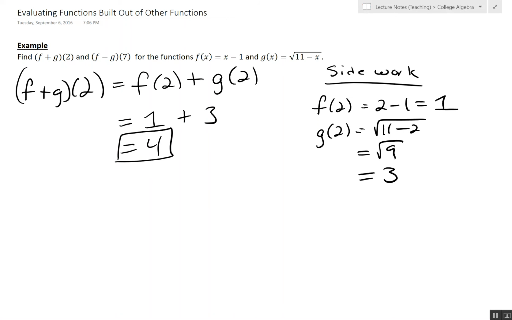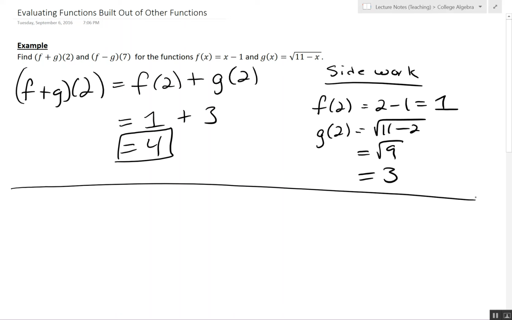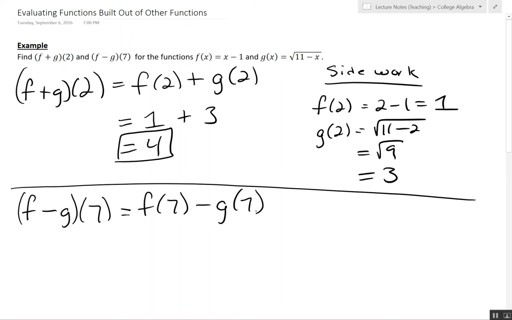So let's look at our other example. f minus g of 7 now. So again, like before, we'll have f of 7, this time minus g of 7, and then you want to do some side work again. In this case, we need to figure out what f of 7 is. Well, that's just going to be equal to 7 minus 1, which is 6.